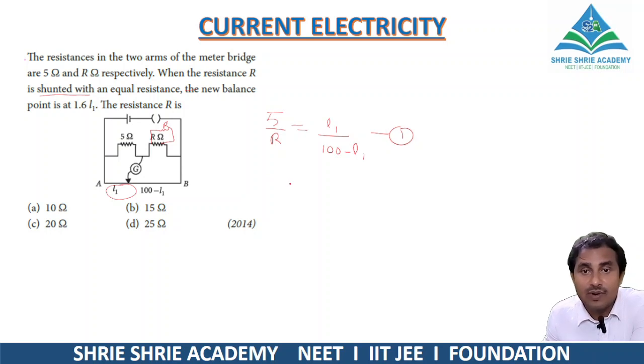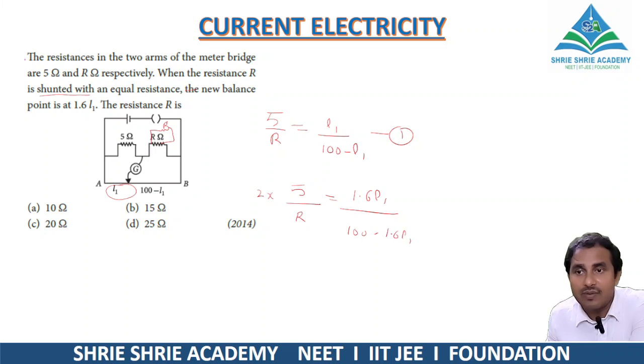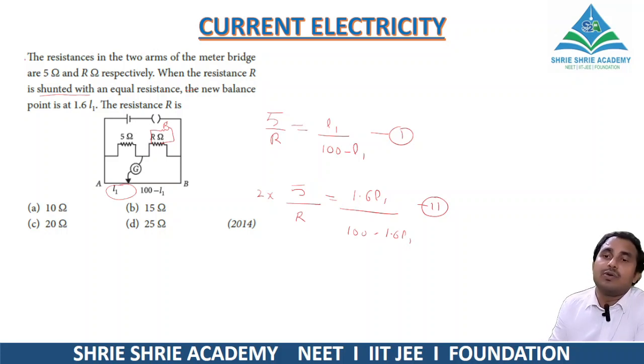Now you will write 5 as it is, and here you get R by 2 because you are connecting another resistance in parallel. Then this L1 becomes 1.6 L1, and you get here 100 minus 1.6 L1. Equation number 2.